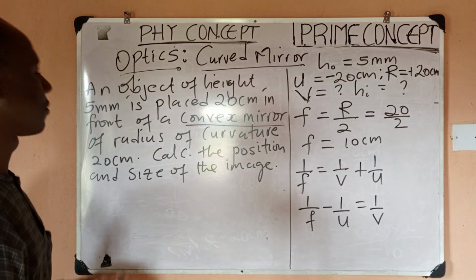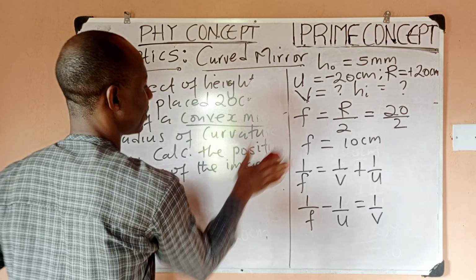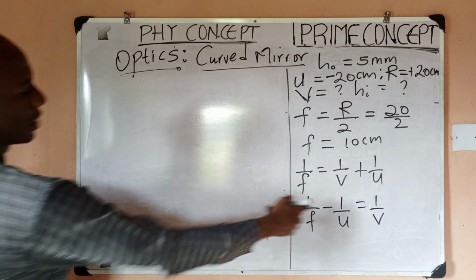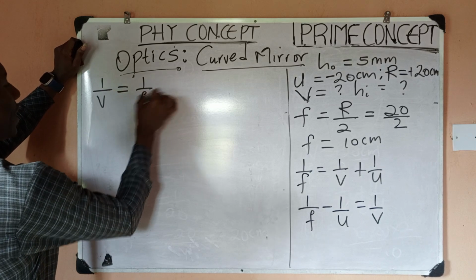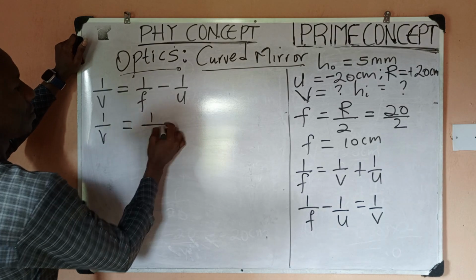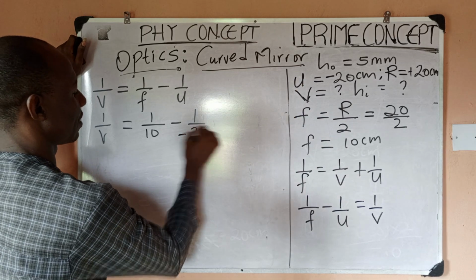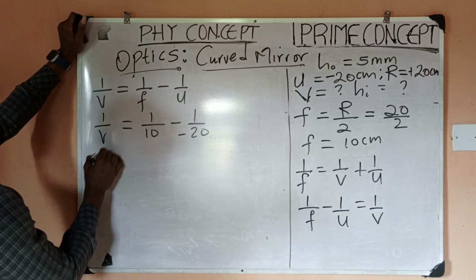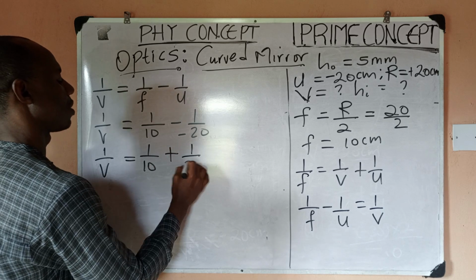So I have 1 over v equals 1 by f minus 1 by u. If I substitute my values, I have 1 by f, which is 10, minus 1 by my u, which is minus 20. So you notice that minus minus is plus. So I have 1 by v equals 1 by 10 plus 1 by 20.